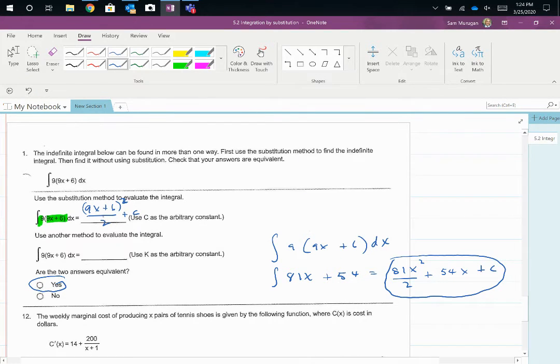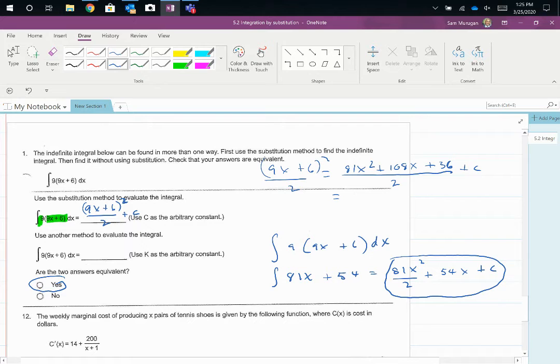If you look at the answer that we have for the first one, 9x plus 6 squared over 2, and if we did FOIL on this, we would have 81x squared plus 108x plus 36 over 2 plus c.